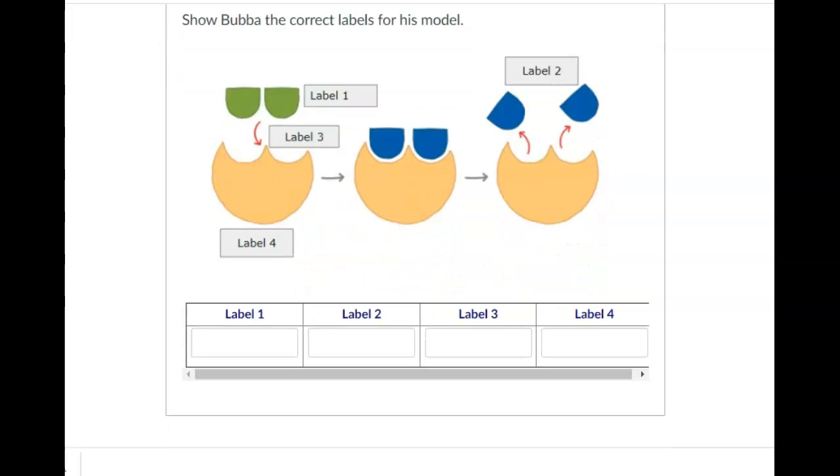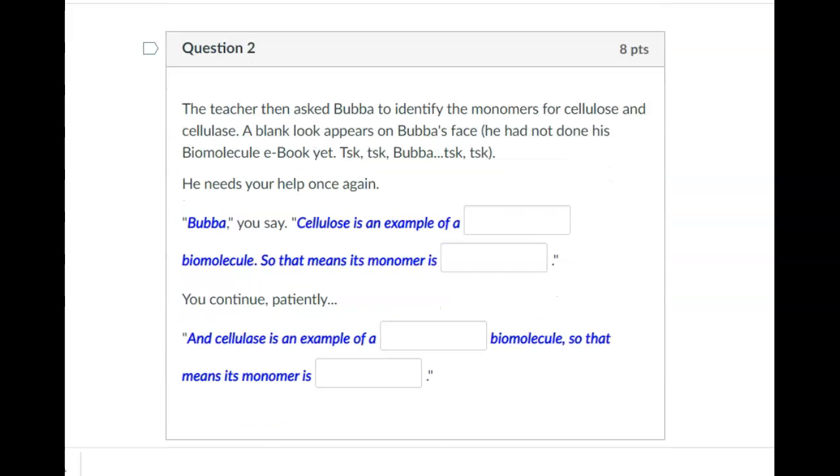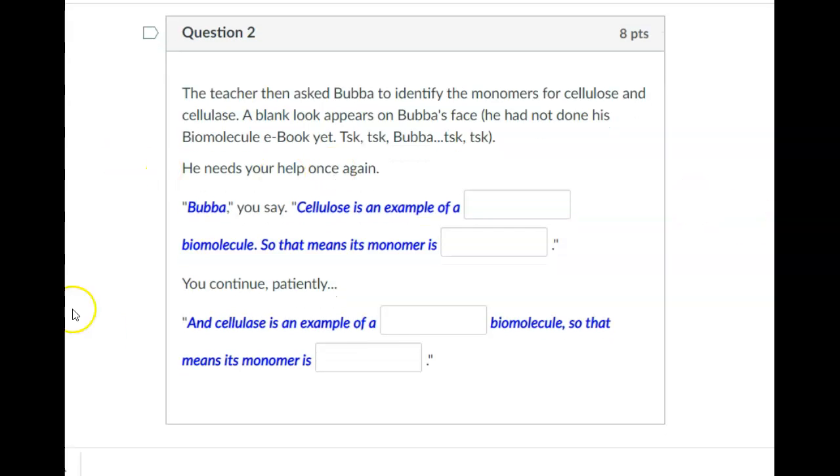And then once you do that, here's where you apply your knowledge of biomolecules. Now, this first question comes directly from the reading. It tells you what biomolecule it is, and so it also tells you what the monomer is.